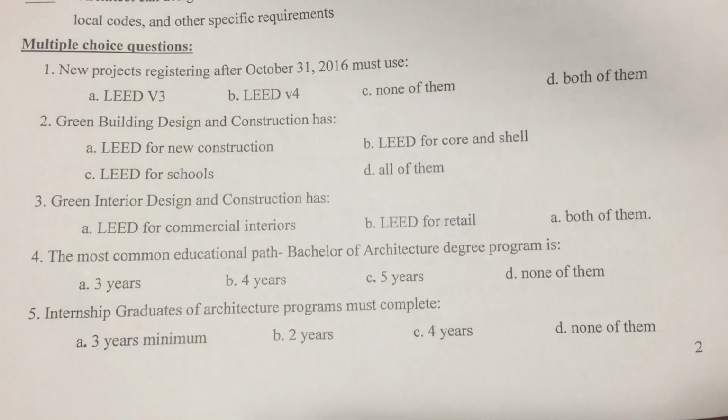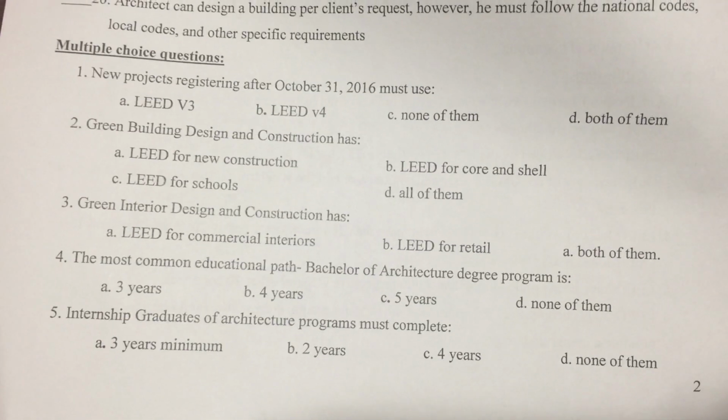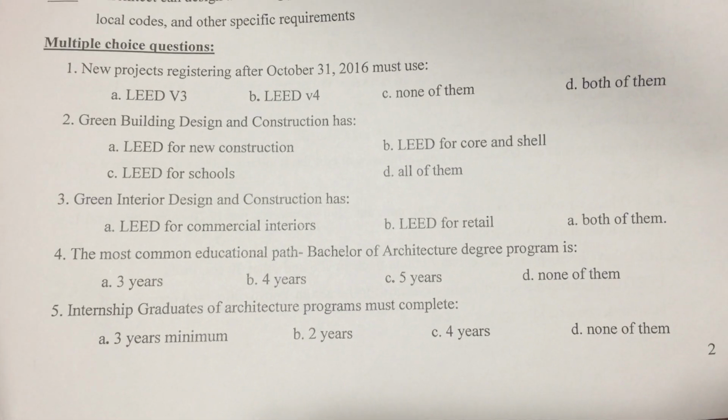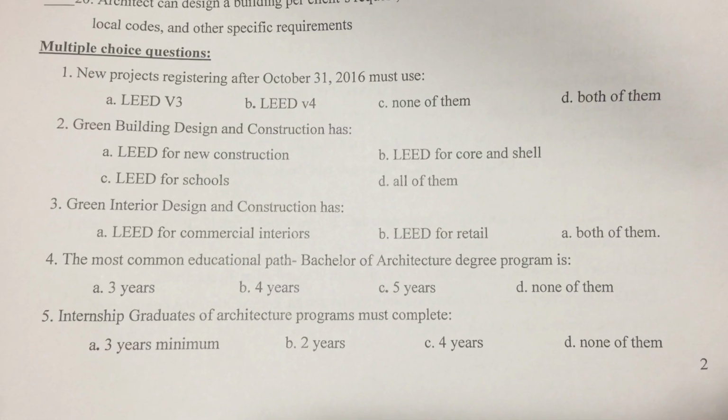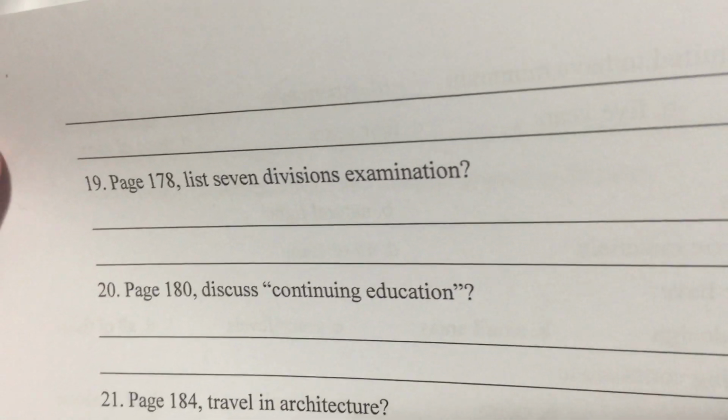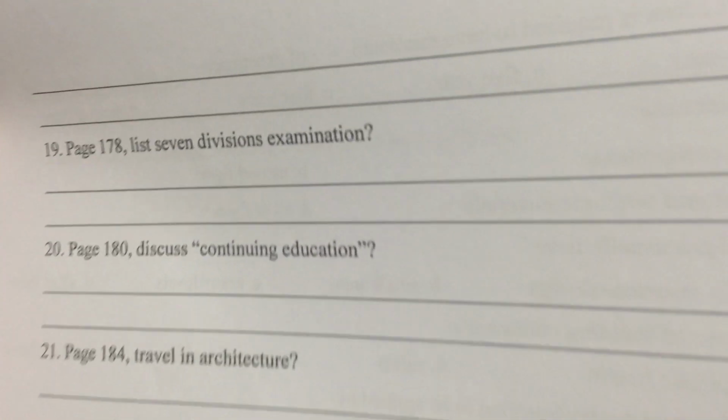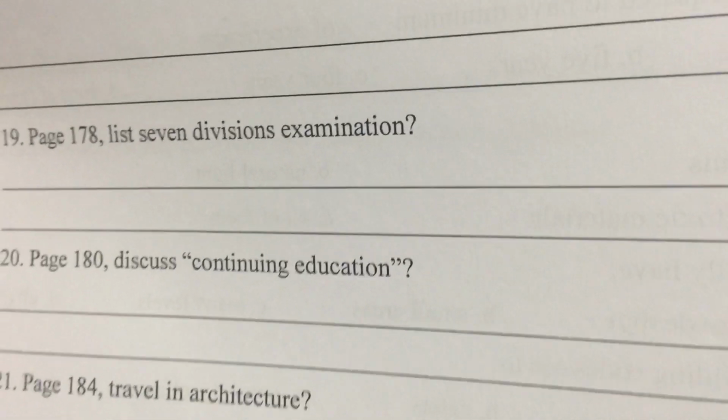Some of the questions I give answers that are very similar together, so that's why they need to read the book, read the notes, and select the very best answer. Some of them I need the student to go to the book. For example, I give the page number and I ask something, and the student needs to answer that one in 2 sentences for me.